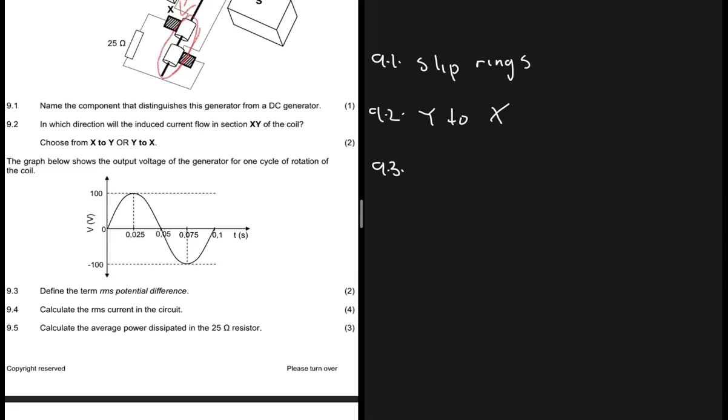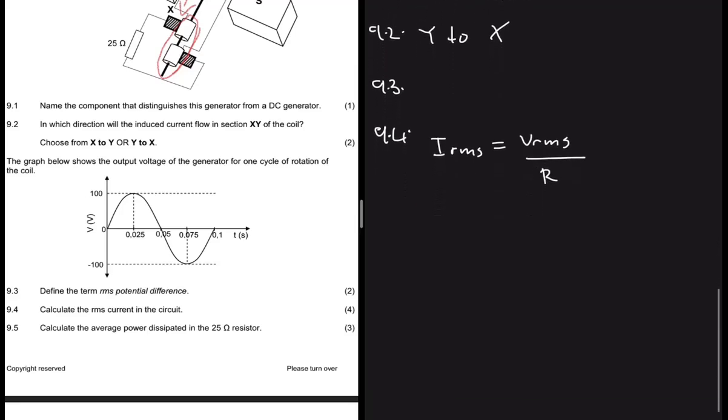The AC potential difference which dissipates the same amount of energy as an equivalent DC potential difference. And then for 9.4 it says calculate the RMS current of the circuit. So we know fully well that IRMS is equal to VRMS divided by R, R being the resistance, right?